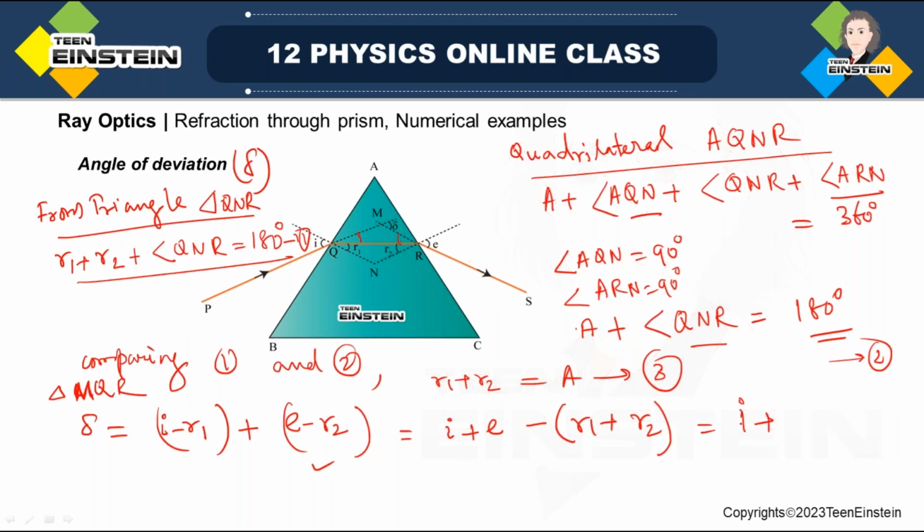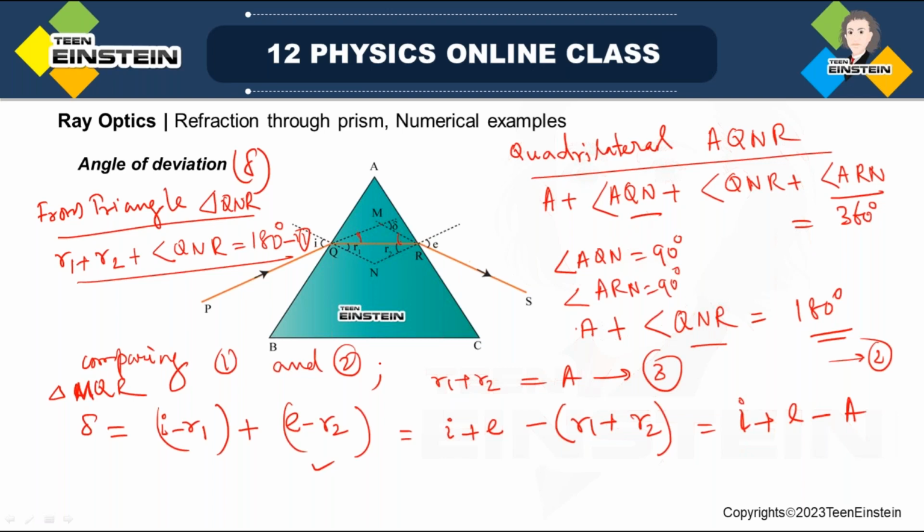I plus E minus A. Okay. So A is the angle of prism, E is the angle of emergence, and I is the angle of incidence.